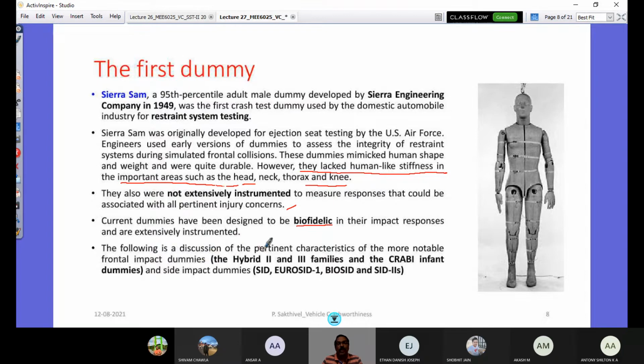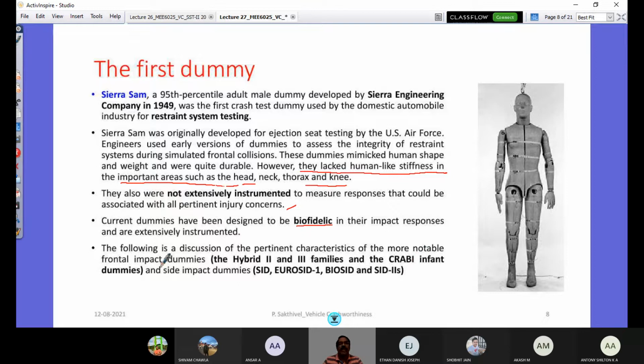The following is a discussion of what we are going to cover in other slides: types of dummies, that is, their evolution as a family, right from Hybrid to the Hybrid 3 families, and there is something called the CRABI infant dummies. What does that mean? It is child restraint airbag interaction.